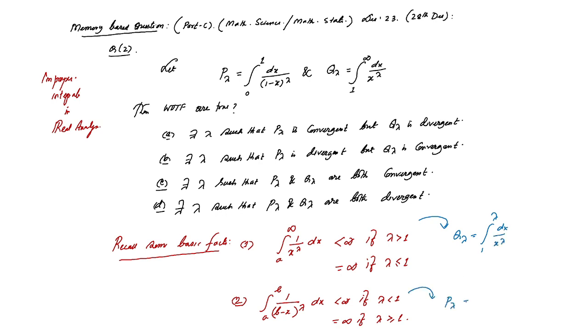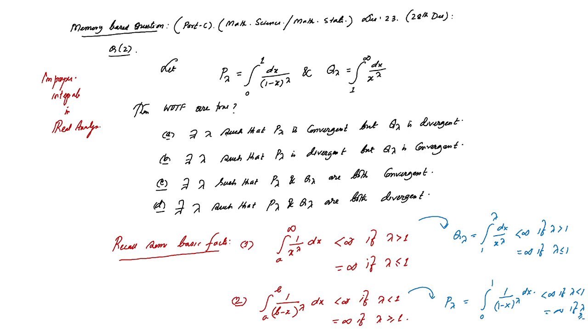And P lambda is the integral from 0 to 1, where a is 0, b equals 1, of 1 by (1 minus x) to the power lambda dx. So Q lambda is convergent if lambda is greater than 1 and divergent if lambda is less than or equal to 1. P lambda is convergent if lambda is less than 1 and divergent if lambda is greater than or equal to 1.